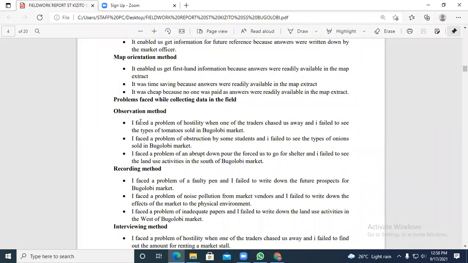Sometimes we even tag methods on problems. We can ask you, using the above methods, especially in part B or part C, where the methods are connected, describe how you were hindered in collecting data.